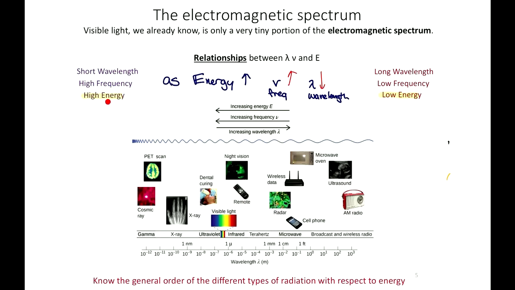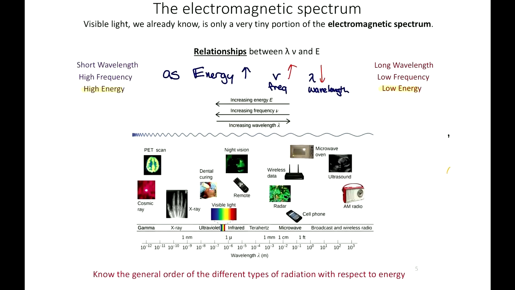Short wavelengths are associated with high energy light. So do know the general order of the energies of light. If you know that, and you know the relationship between frequency and wavelength, you can make all of those relationships.